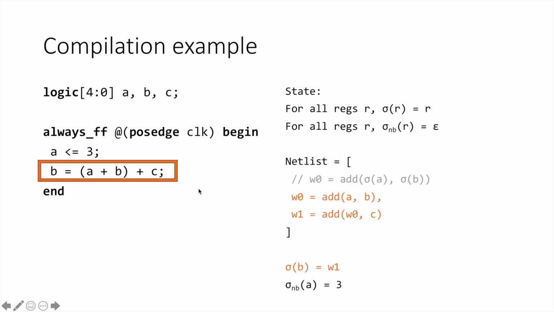But for the second line, the right-hand side is a little more involved. Here we need to generate a few new addition cells, and then we set the sigma for B to one of the outputs of these new cells. After everything is done, we have a netlist and we can read out how to update the registers using the sigma maps.